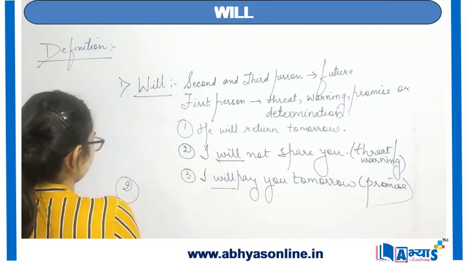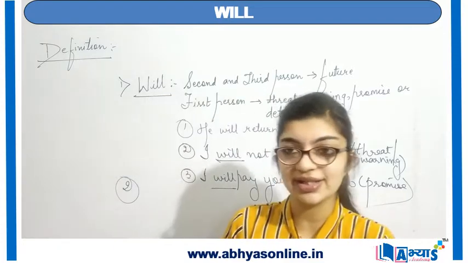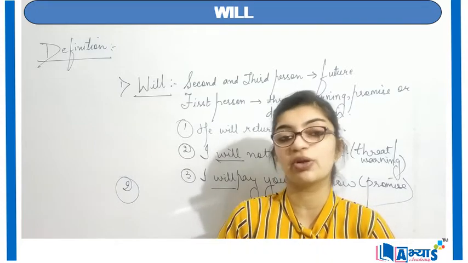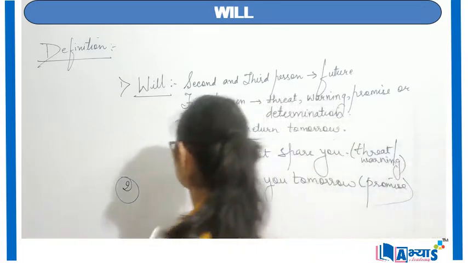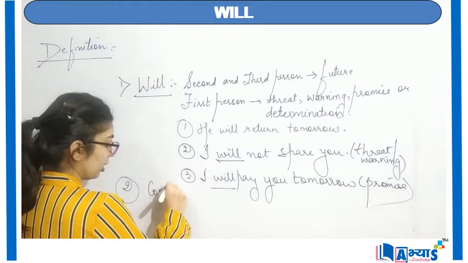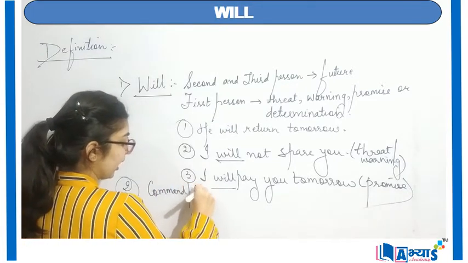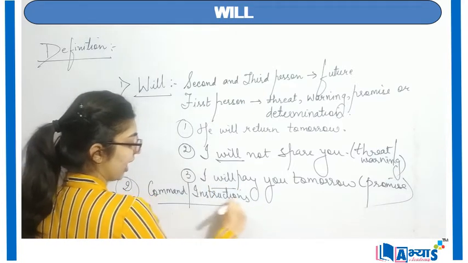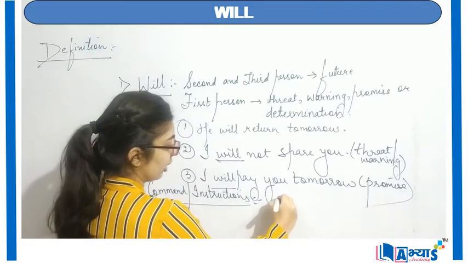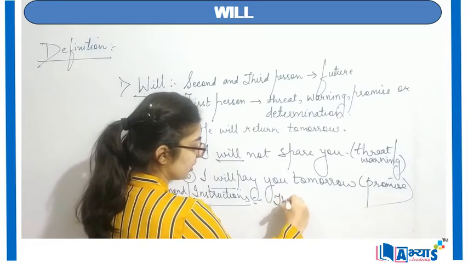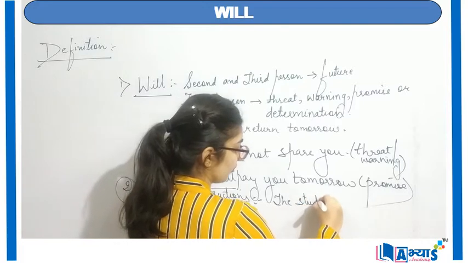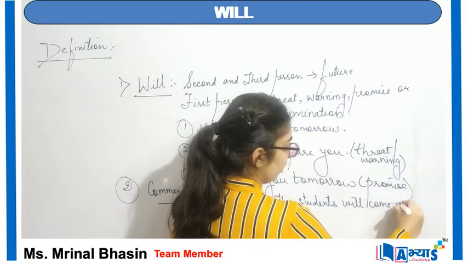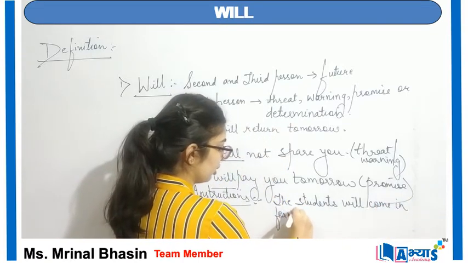The second place where will is used is for giving some kind of instruction or making some command. So will is again used for command, or it can be used for giving any type of instructions, like the students will come in formal dress.